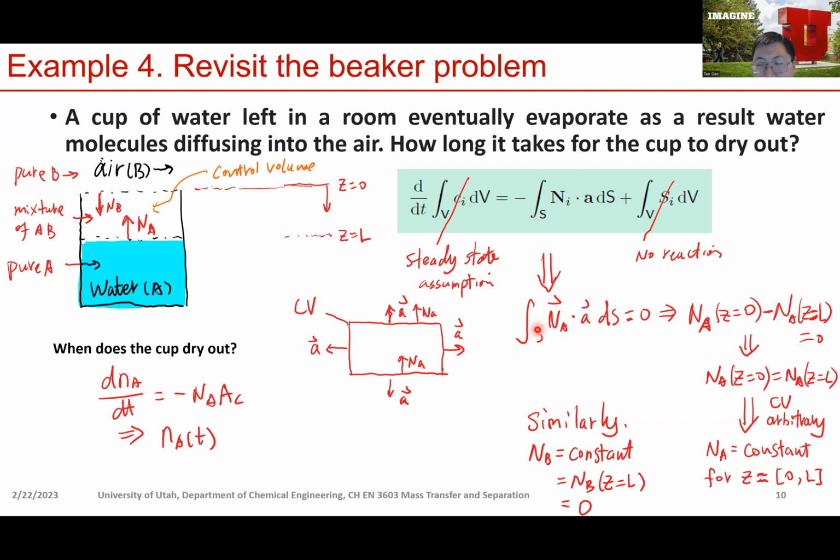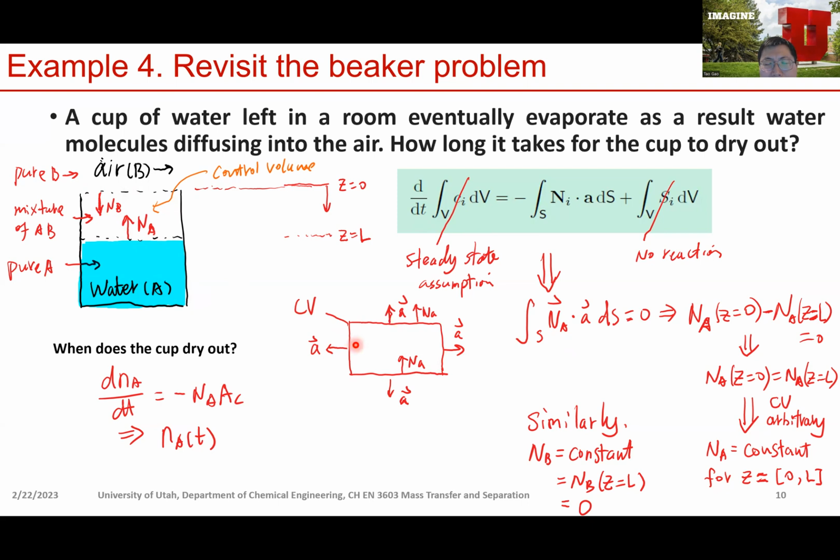To further break down this integral, we need to look at the control volume, its A vector, as well as the direction of the mole flux of A. The control volume is just this region again, the region in between the air outside the beaker or the cup and the liquid water.